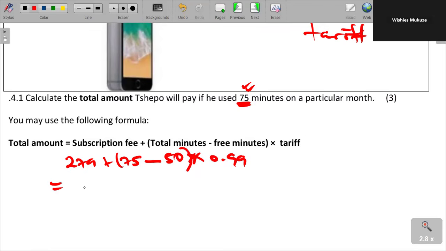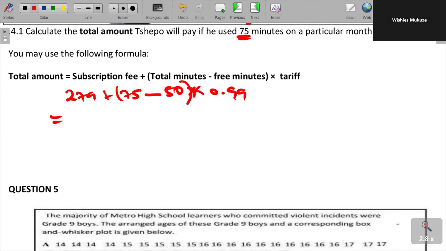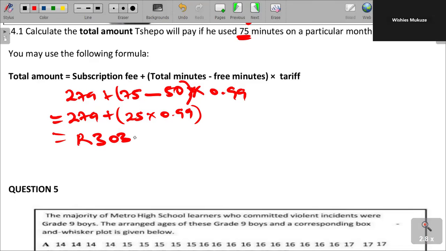So this is equal to 279 plus 25 multiplied by 0.99, which is going to give us 303 rand 75 cents.